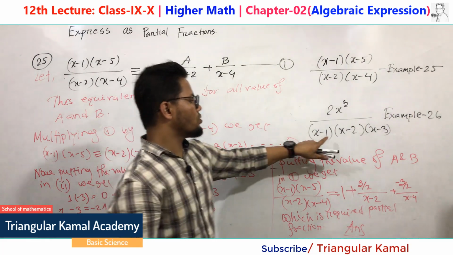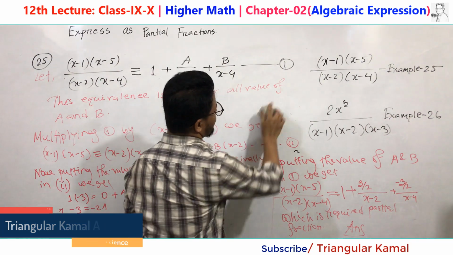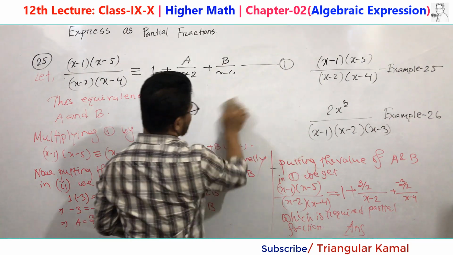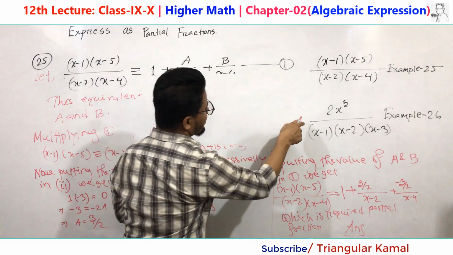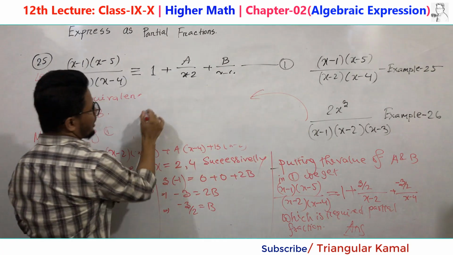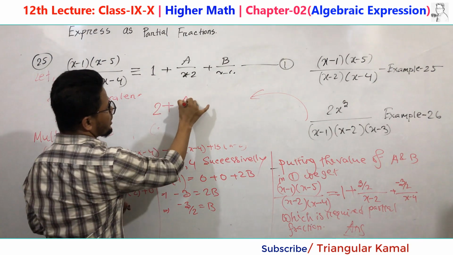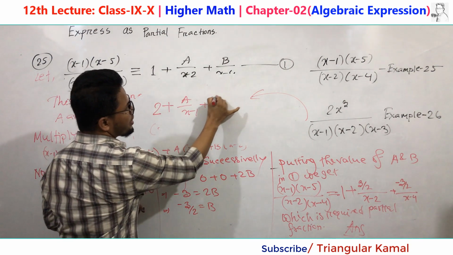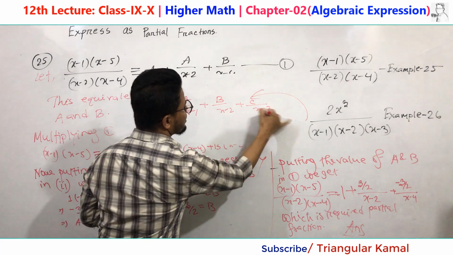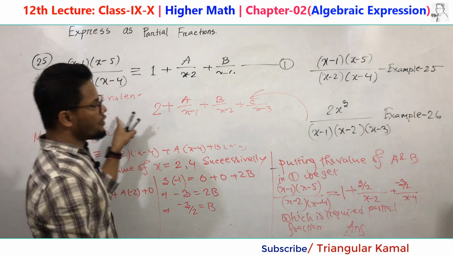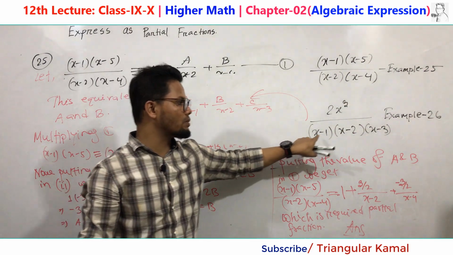Similarly, you can do this one, and I am writing the first line of how you can start this one. The first line will be like 2 plus A by x minus 1 plus B by x minus 2 plus C by x minus 3. Now in the first equation you have to multiply the whole equation with x minus 1, x minus 2, x minus 3.